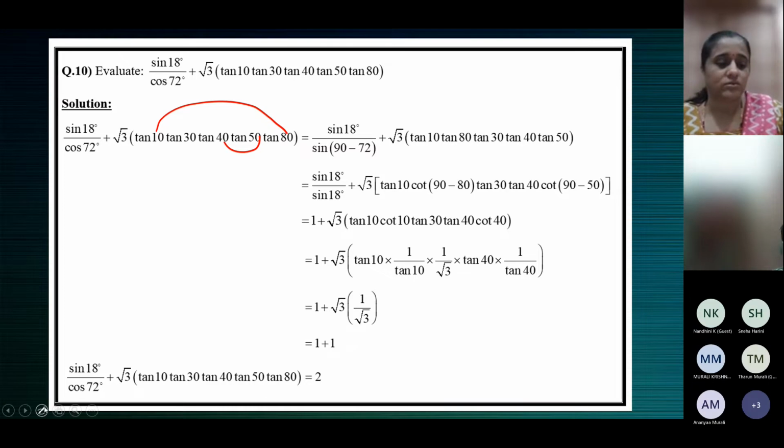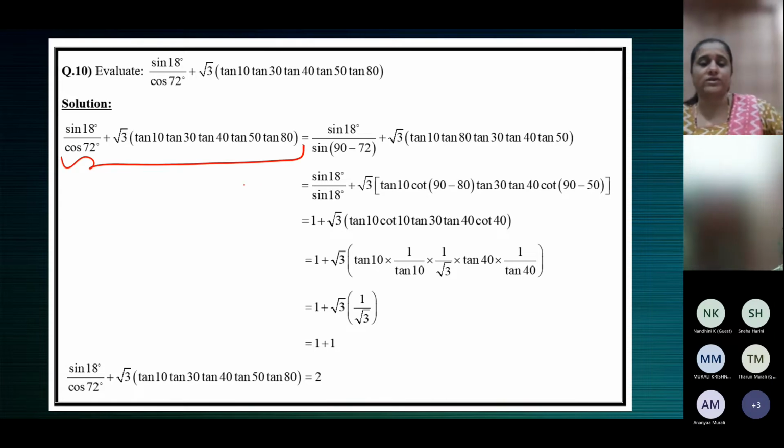All right. So to simplify, this is what is given. I've written that here. We need to evaluate this. Now, here sine 18, cos 72. Change any one using complementary ratios.